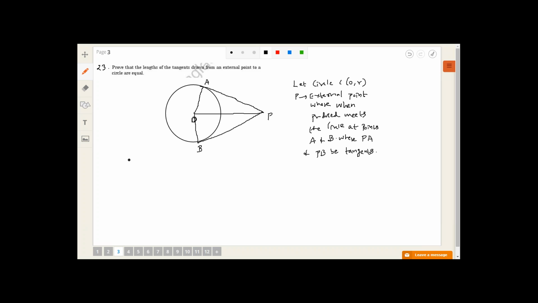Now we need to prove PA is equal to PB, because it is given that the lengths of the tangents drawn from an external point are equal. So we need to prove PA is equal to PB.